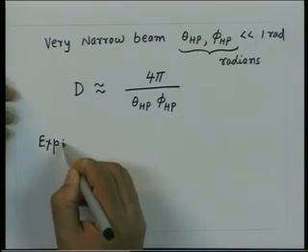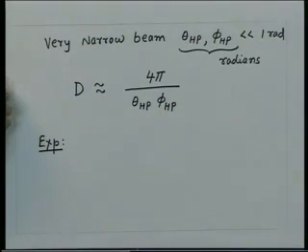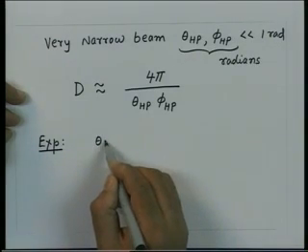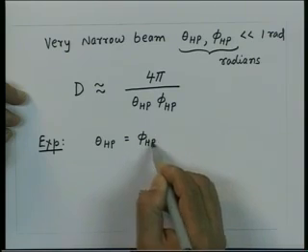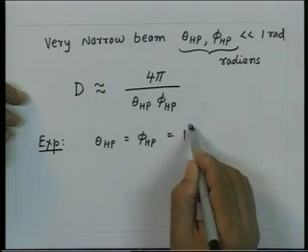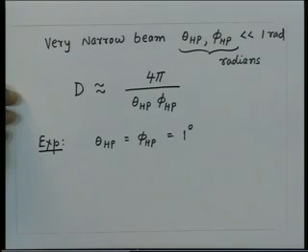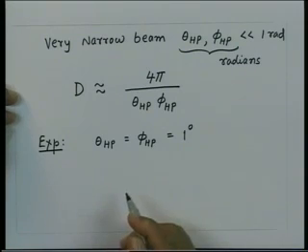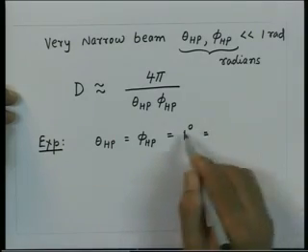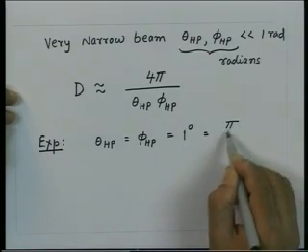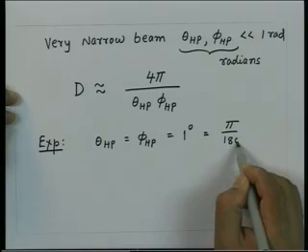So, as an example, just to get a feel what kind of directivities are produced, let us say theta half power and phi half power are equal to 1 degree. We want this in radians, so this is equal to pi upon 180 radians.